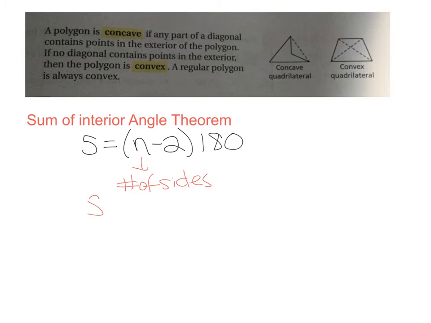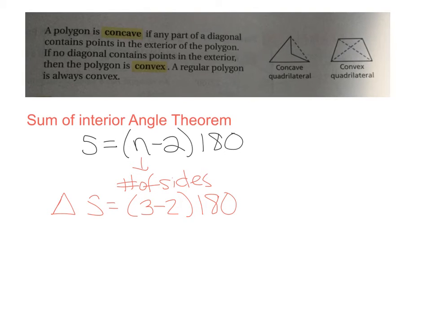So S equals 3 minus 2, this is for a triangle, times 180. These are for regular polygons. That needs to be stressed somewhere. What's the 2 then? Wait, I lied. It's not really for regular polygons until I do each interior angle, so scratch that thought for a minute.